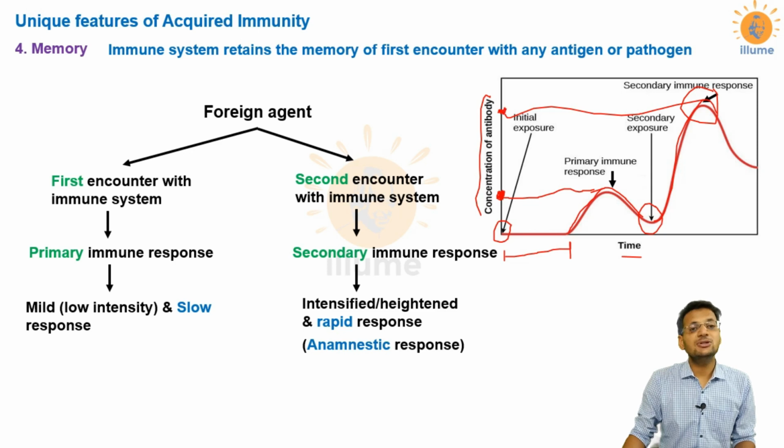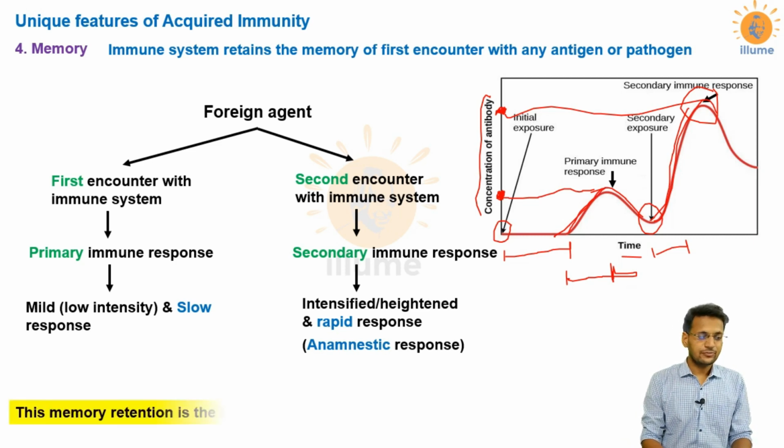That means the response is really intensified, and the response also takes less time. In the primary response this much time is taken for the peak to be produced, but in the secondary exposure only this much time is taken. You can also see the slope. That's why we say the secondary immune response is fast and really intensified.